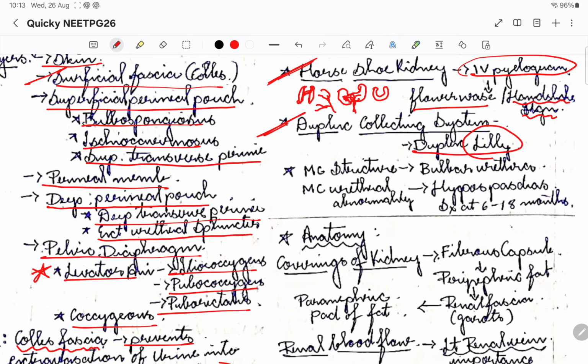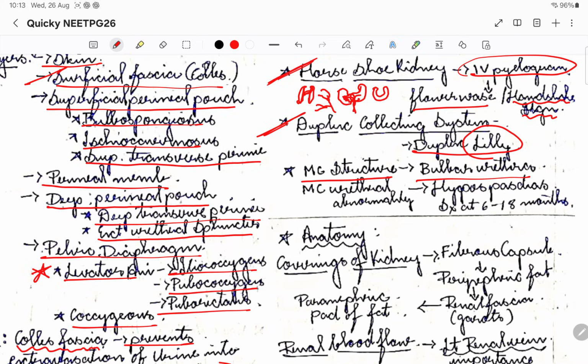Then the other important points are, the most common stricture that can be seen is in the bulbar urethra. We'll discuss the parts of the urethra in the later part of this chapter in urology. Please remember, bulbar urethra is the most common stricture-occurring zone.